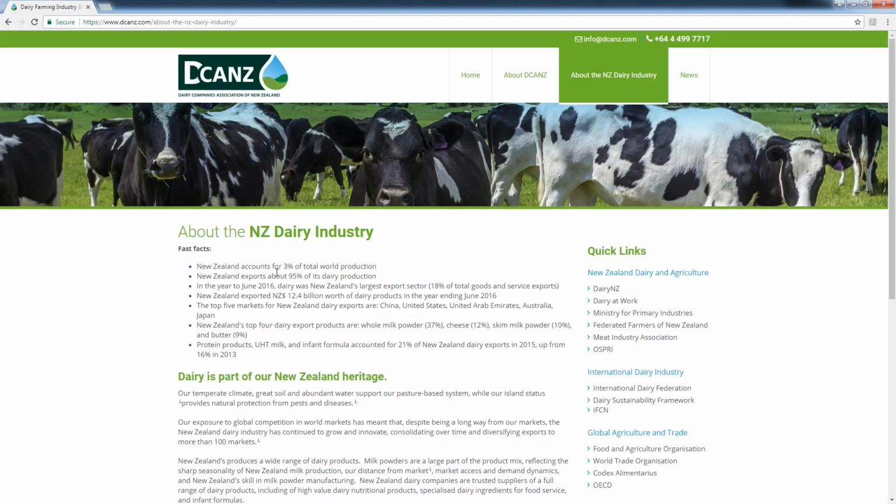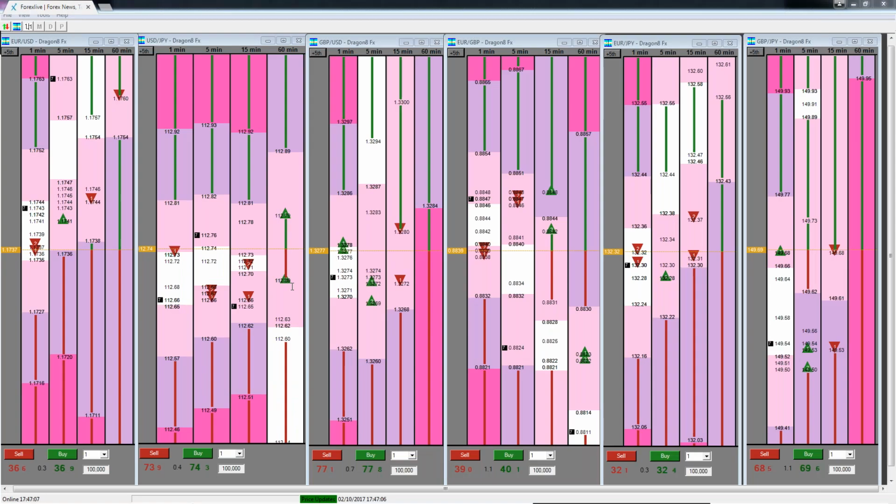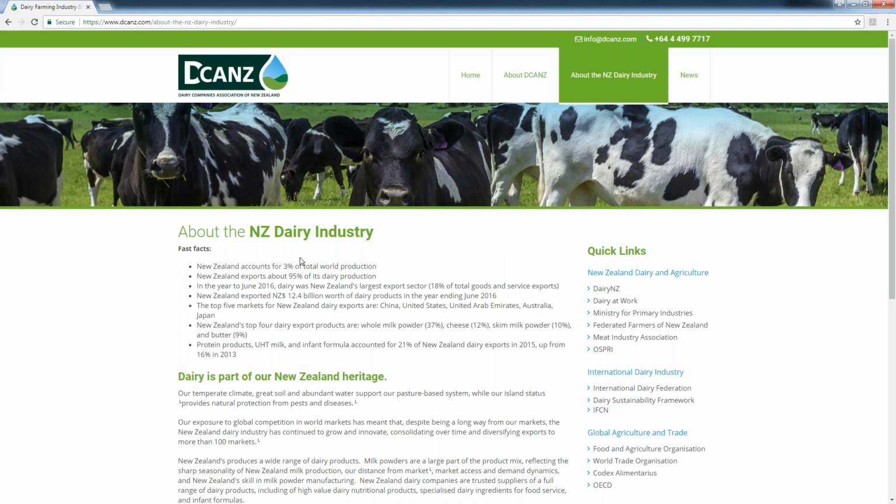So the New Zealand dairy industry, again, accounts for 3% of the total world production. So it's quite a big deal. In the entire world, that tiny, tiny country of New Zealand accounts for 3% of total world production, okay? And New Zealand exports 95% of its dairy production. So only 5% is kept within the country, and 95% of that is exported.